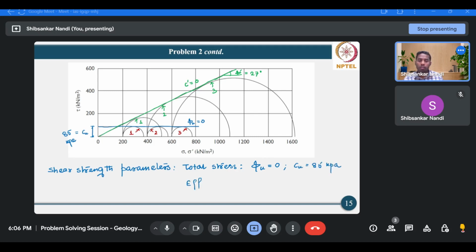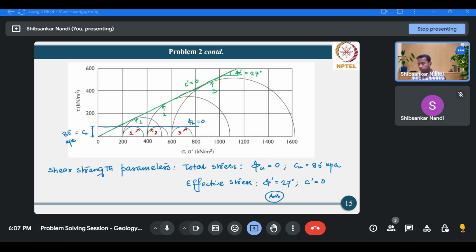In terms of effective stress, your drained friction angle is 27 degrees, but drained cohesion is 0. So these are the answers.